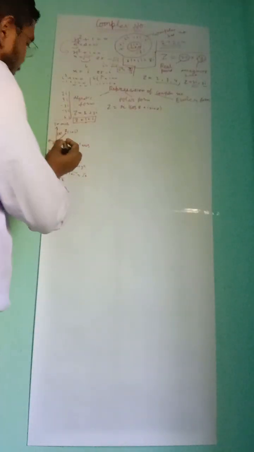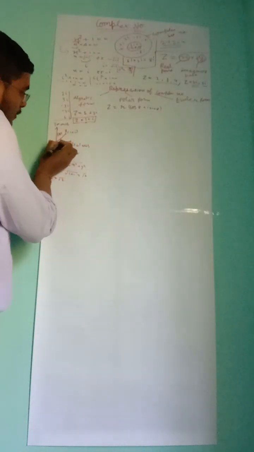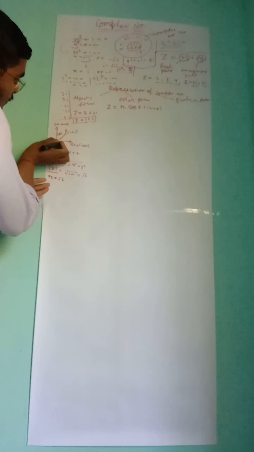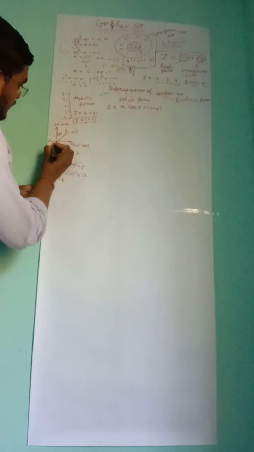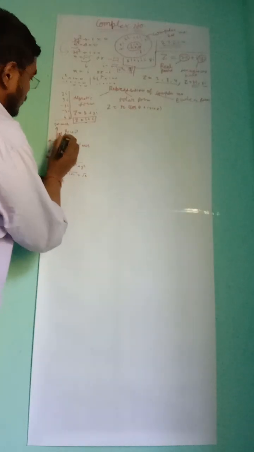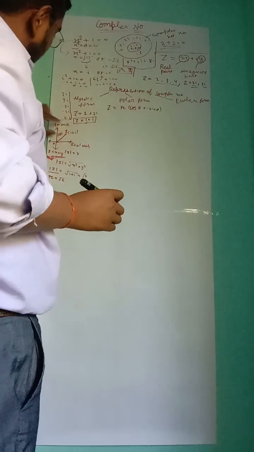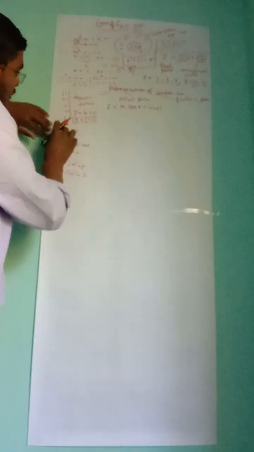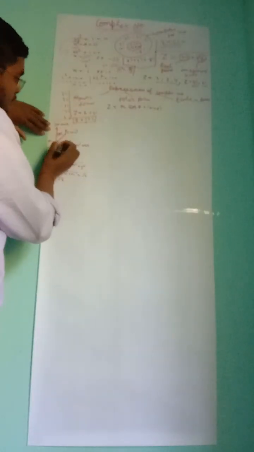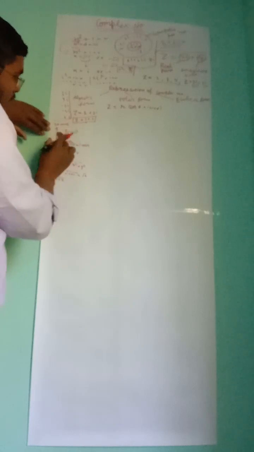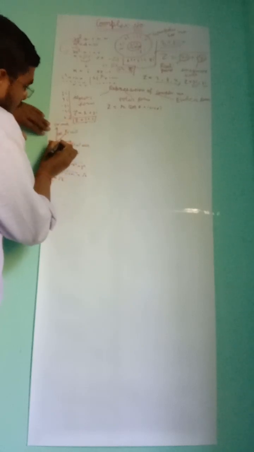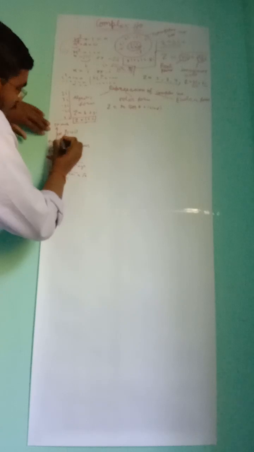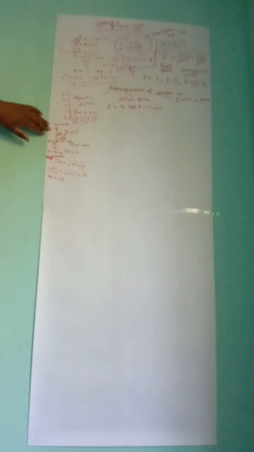Basically theta is the angle from the positive real axis to the line OZ, and OZ may be any point lying in the second, third or fourth quadrant. So this is my theta here.